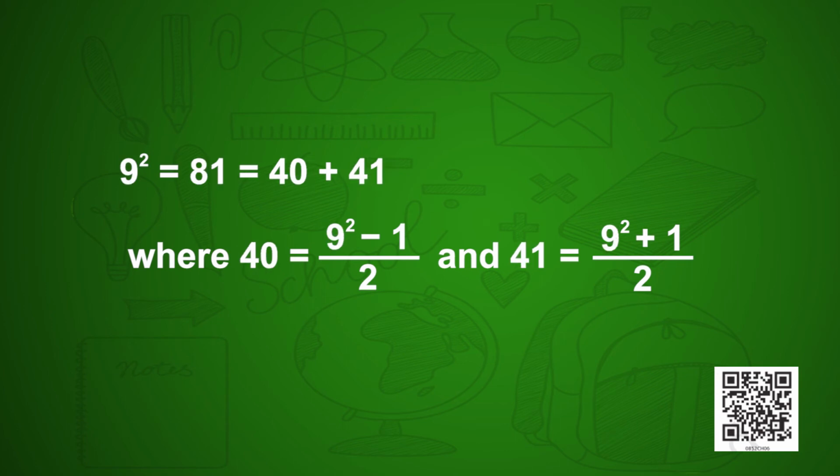Let us also observe 9 square, which is equal to 81, and this can be written as sum of 40 and 41. Here 40 is equal to (9 square minus 1) by 2 and 41 is equal to (9 square plus 1) by 2.